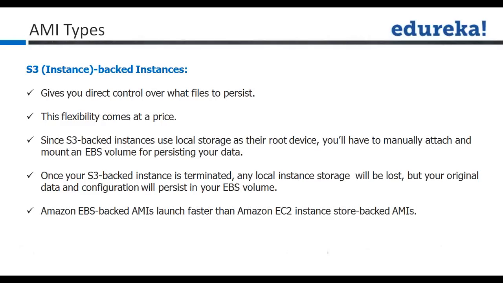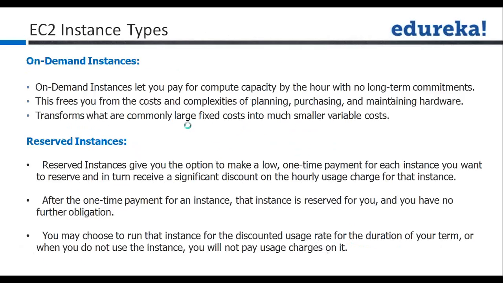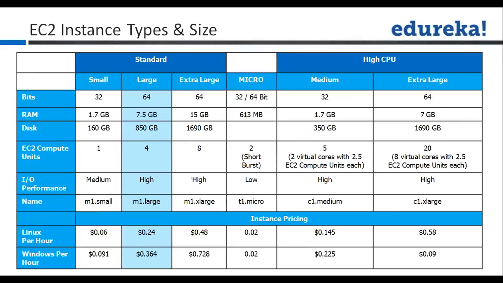When you launch this kind of instance, transient storage is available to you. If you see the standard instance table here, I hope my screen is visible to you all, look at the disk size in the third row: 160 GB, 850 GB, 1690 GB, and so on.